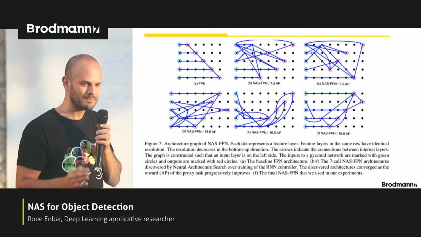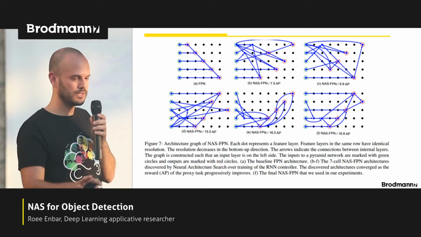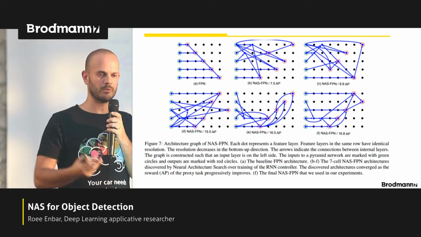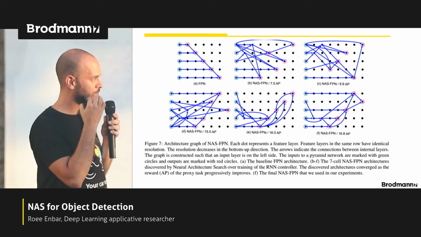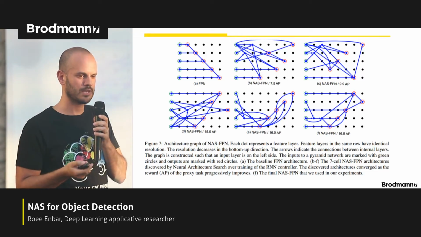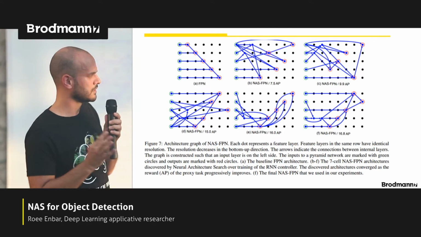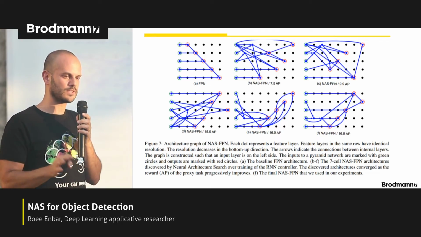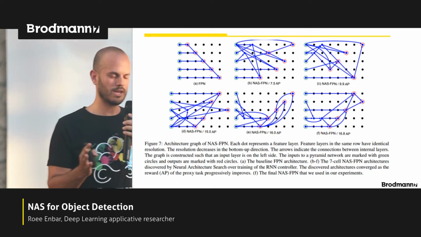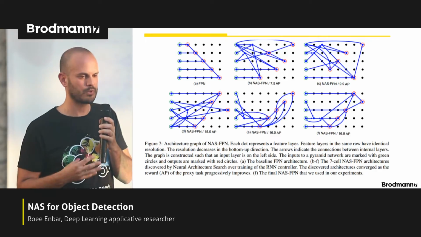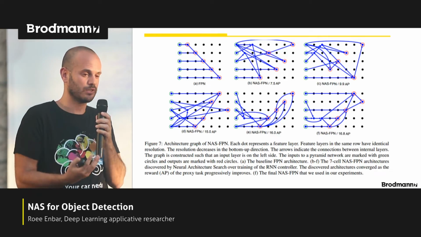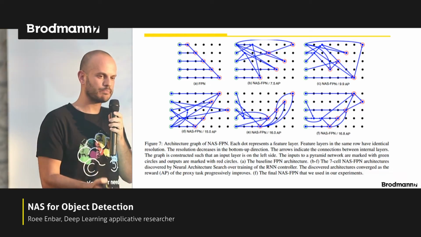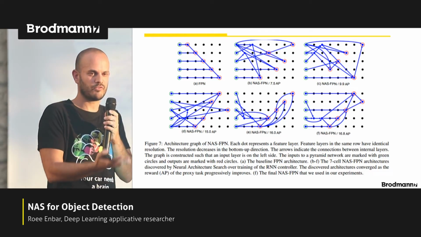So what's going on here? It's a pretty neat way to explain what the FPN looks like. If you look at the top left diagram, on the left we have the dots circled with a green circle, and on the right we have red circles. The green circles represent our input layers into the feature pyramid network. They're actually the exit layers of our backbone model, going deeper and deeper from the bottom up.